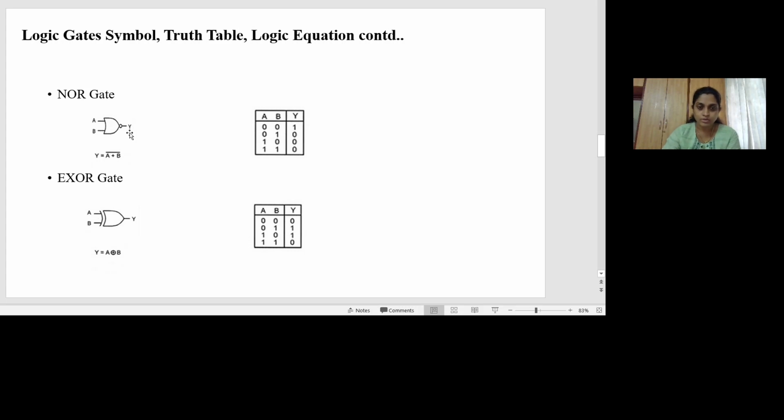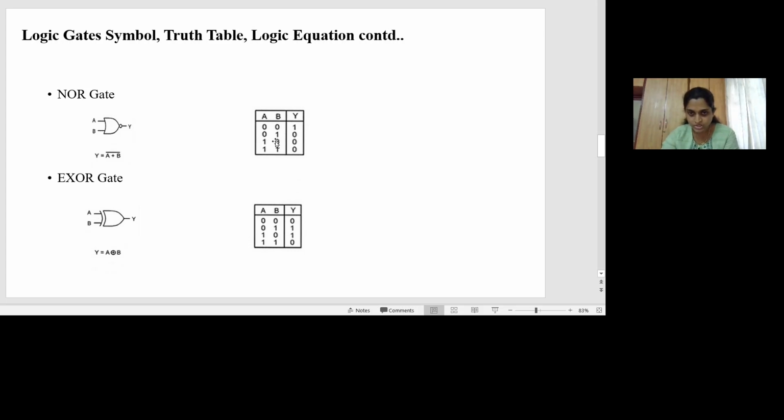At the output you can see the variable y, and the output is being bubbled. You can see a small circle at the output of an OR gate. So the NOR gate is a combination of an OR gate and a NOT gate.